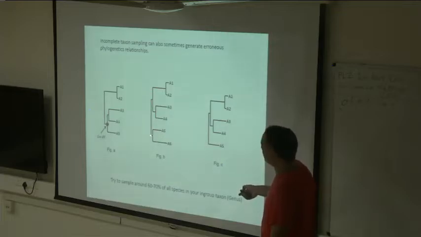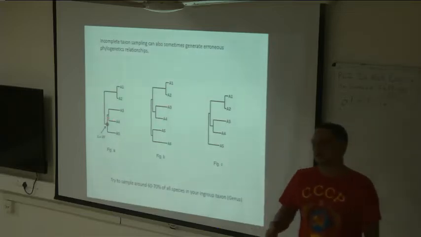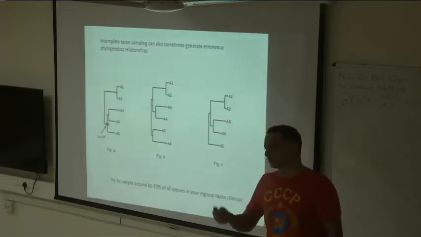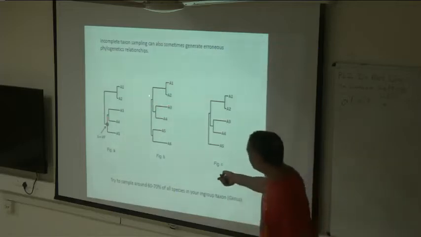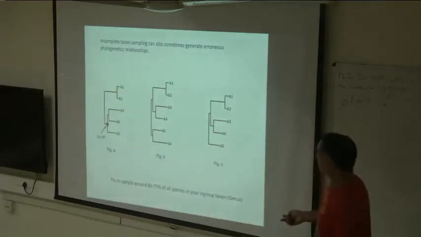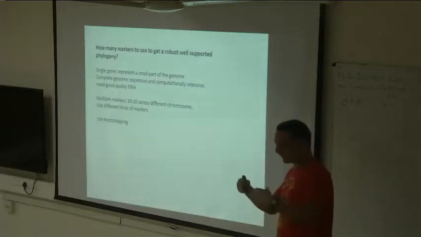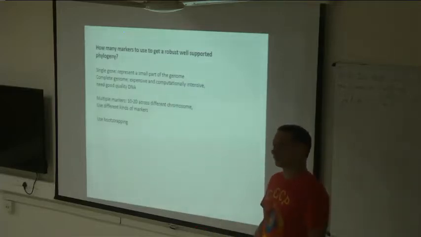Instead, what happens is because these branch lengths are very short, A5 becomes sister to this. So incomplete taxon sampling can sometimes give you erroneous trees if it's a rapid radiation and these branch lengths are very short. Okay, so it's important to have as complete taxon sampling as possible.